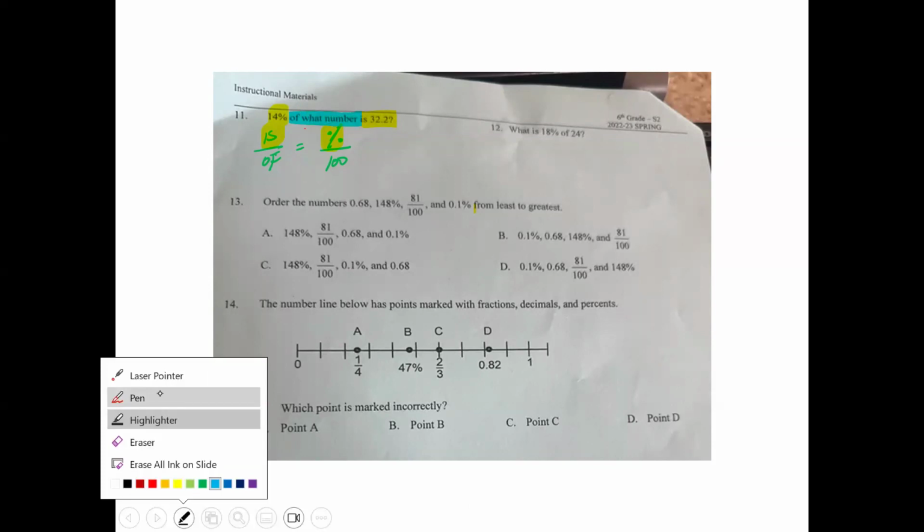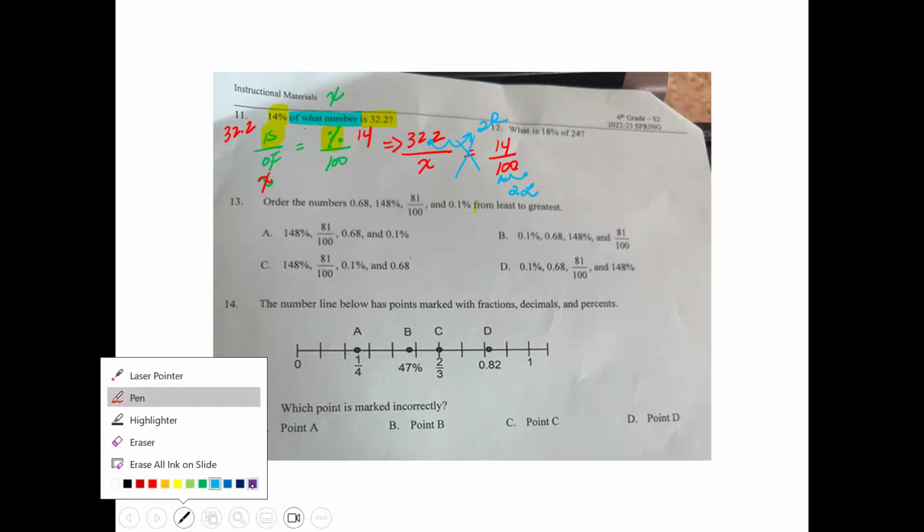Correct? Of what number? Because this is of what number, what do you replace number with? No, 14 is where percent is. You replace of what number with the number X, with the letter X, because it's unknown. 14 is right here. 32.2 is where it is.